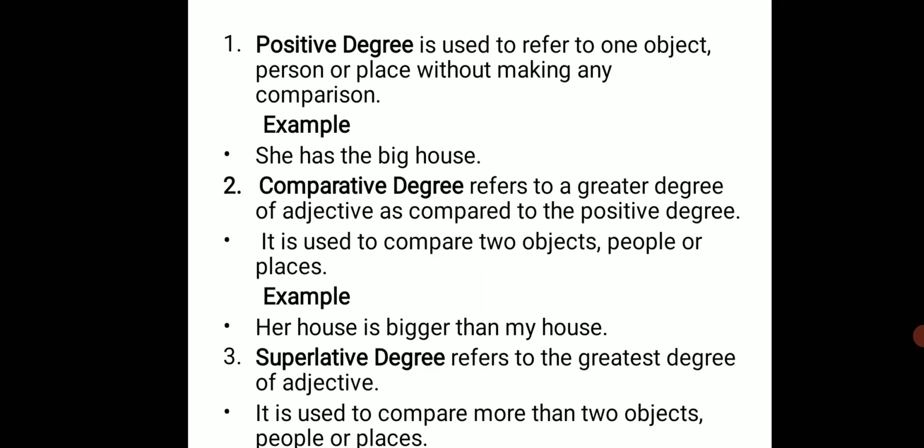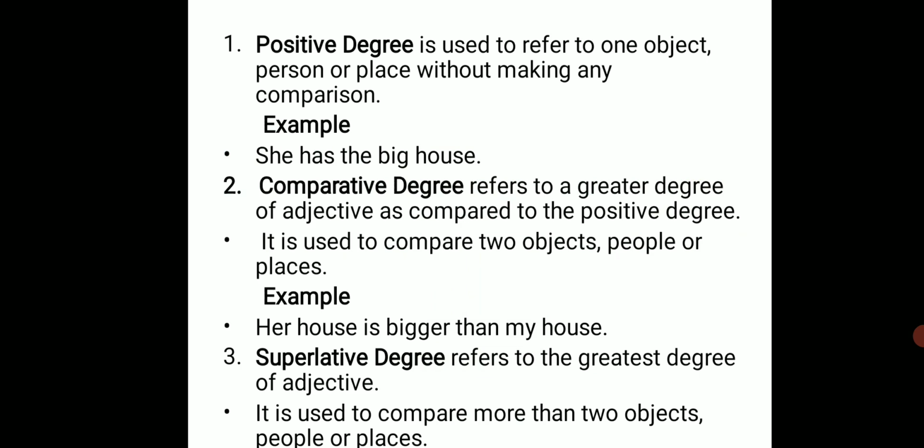So please correct that article. She has a big house. Now this sentence talks about only one person and what that person has: a big house. Now here again note the adjective big. What type of house? Big house.